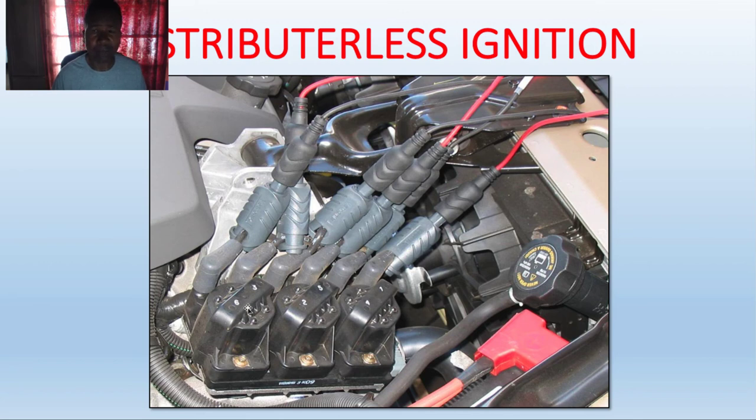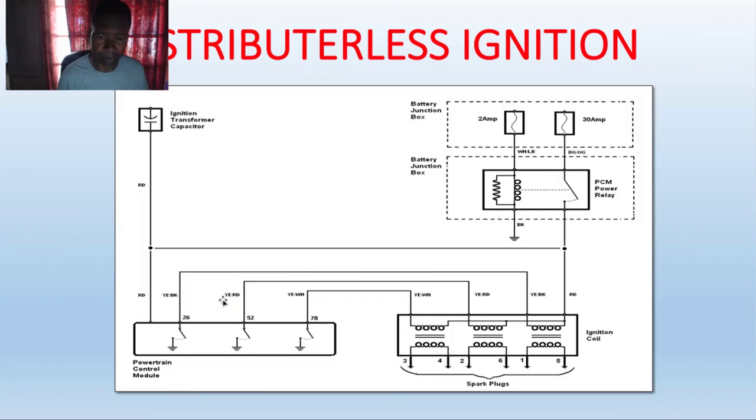It's called the waste spark system. Here's a wiring diagram of the waste spark. You've got 1, 2, 3 coils, and remember, the V6 has 3 coils. You can see it has 3 triggers, 1, 2, 3, because it's only firing 3 coils. It's just one coil firing 2 cylinders.